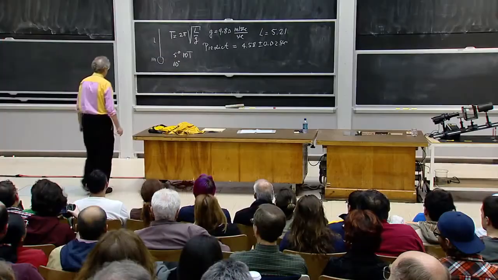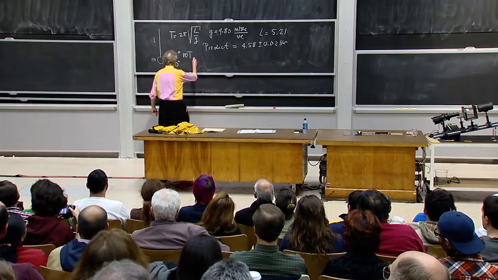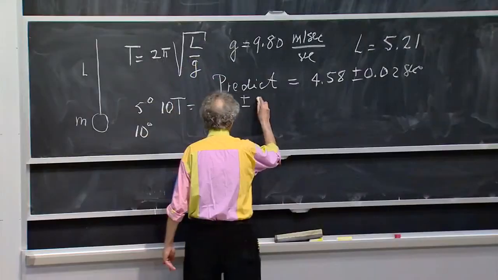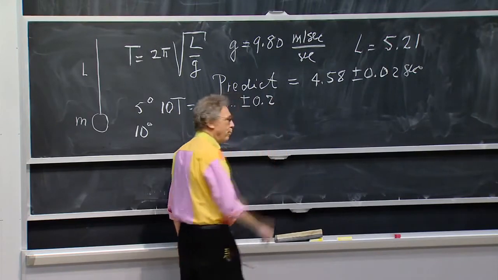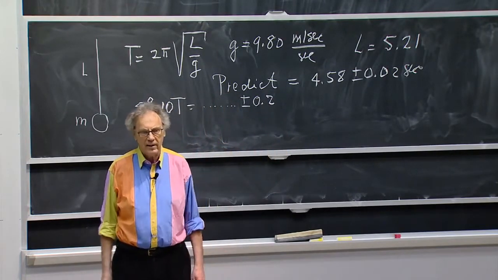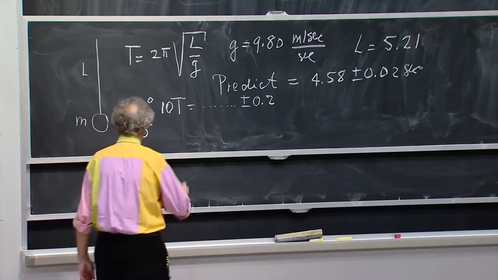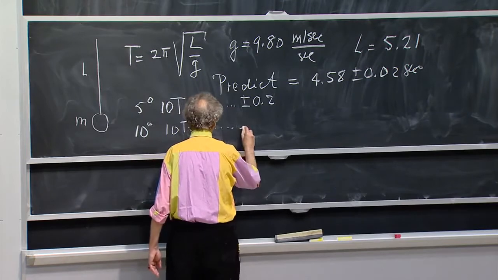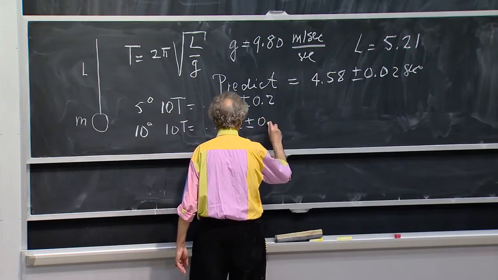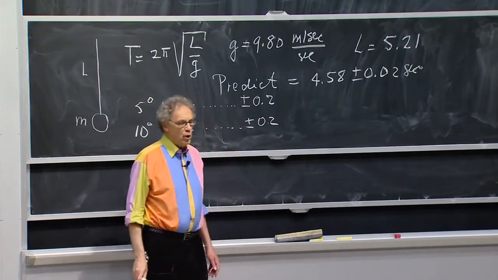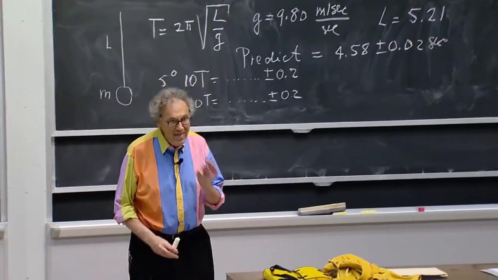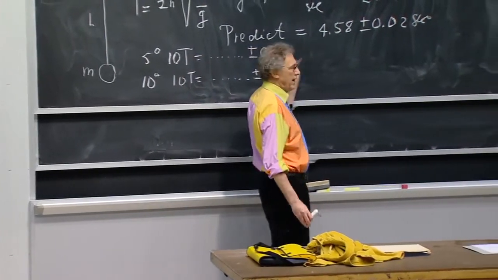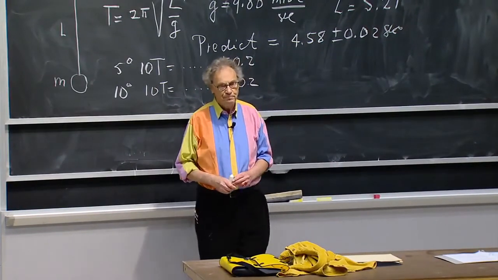So the 10T is then going to be some number plus or minus my own inability, which is my 0.2 seconds reaction time. I can't change that. And so then I do it at 10 degrees, and then we get again 10T. We get a number, and then we get again plus or minus 0.2 seconds. And I'm going to demonstrate to you that within the uncertainty of the measurements, I get the same numbers in all 3 cases.